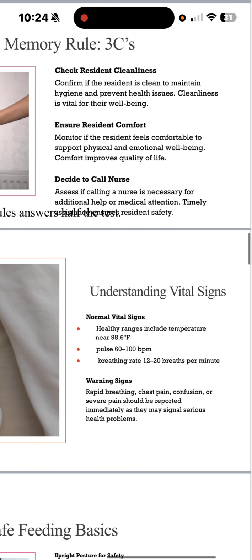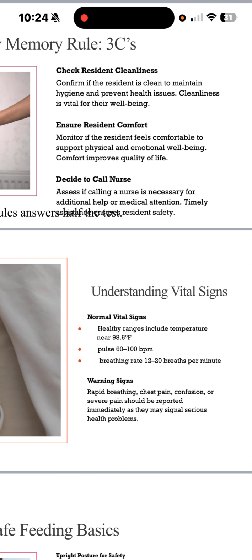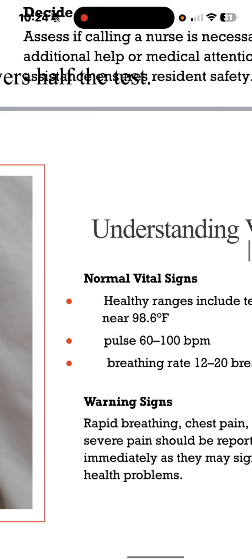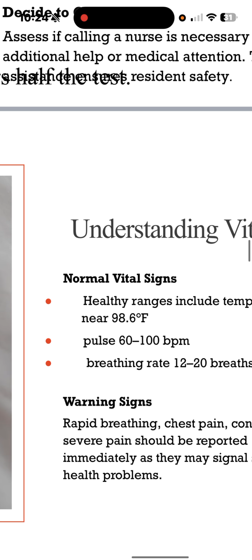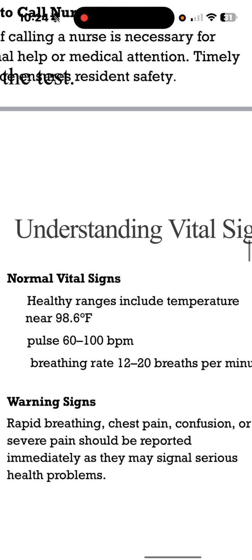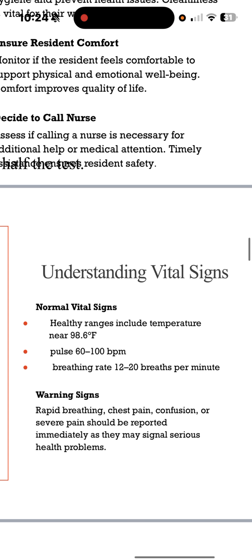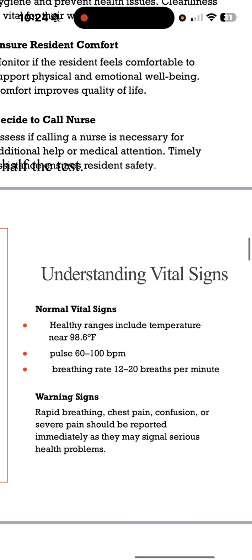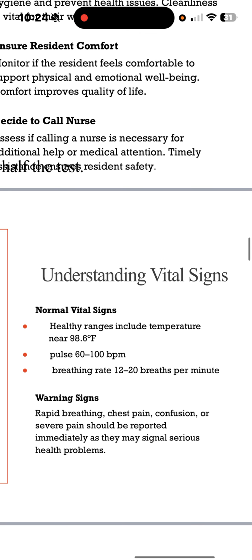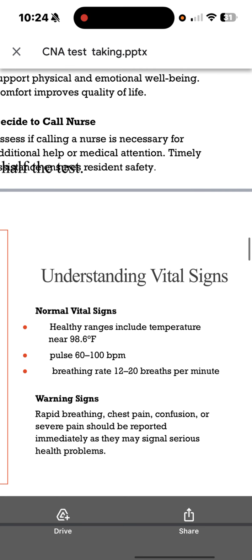All right, so let's look at understanding vital signs. Hope you guys know your vital signs because that's a part of nursing care as well for the CNAs. Normal vital signs, healthy ranges include temperature near 98.6 Fahrenheit, pulse 60 to 100, and respiration, breathing, 12 to 20 breaths per minute.